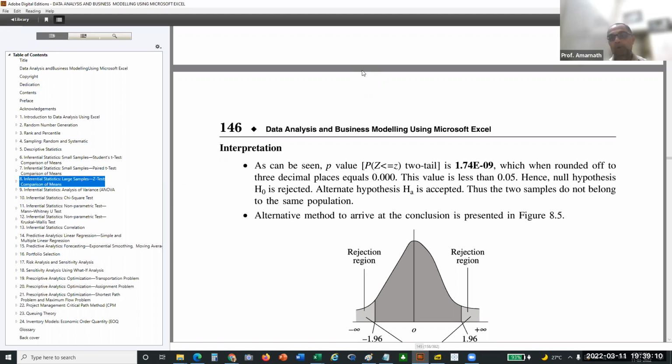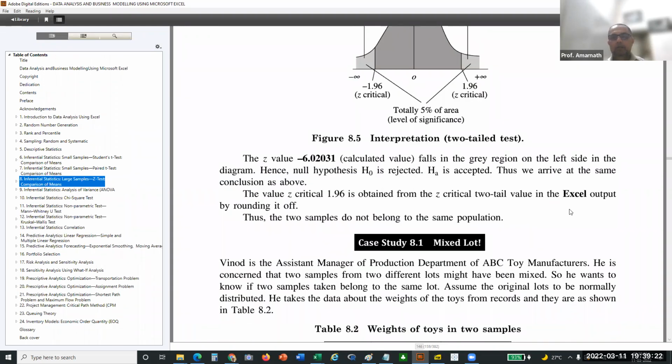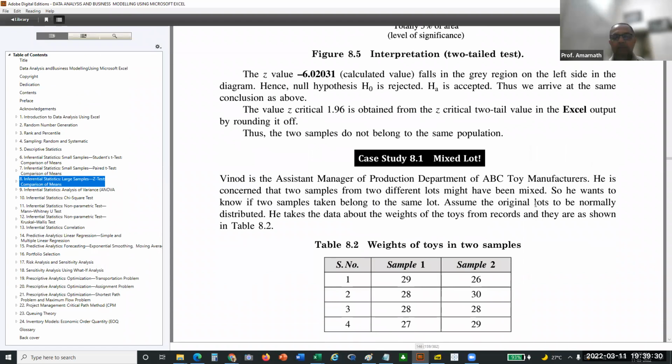It has come from two different manufacturing plants. So that's how we have to interpret. That was about this thing. There are quite a few other things also which you can see.